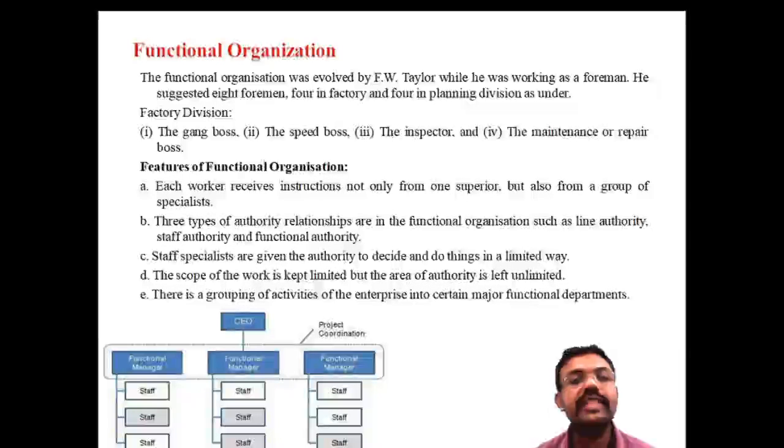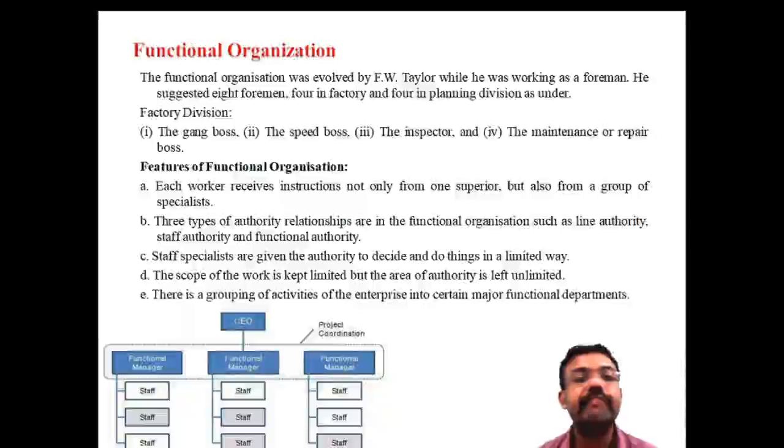The functional organization was developed from F.W. Taylor's principle. Working with foremen, he suggested eight foremen in the factory for planning and the factory division: a gang boss, speed boss, inspector, and maintenance and repair boss. That means in order to strengthen the organization, Taylor suggests eight important foremen are necessary.